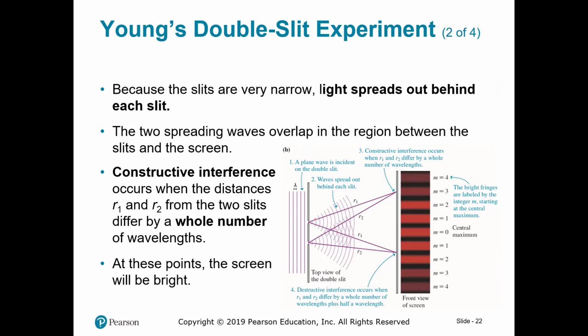The first light is passing through the first slit, and the second light is passing through the second slit, and you see R1 and R2. Sometimes you have a bright area, and sometimes you have a dark area. In order to have constructive interference, where you have a bright area, what we focus on is the path length difference of the two lights, right?